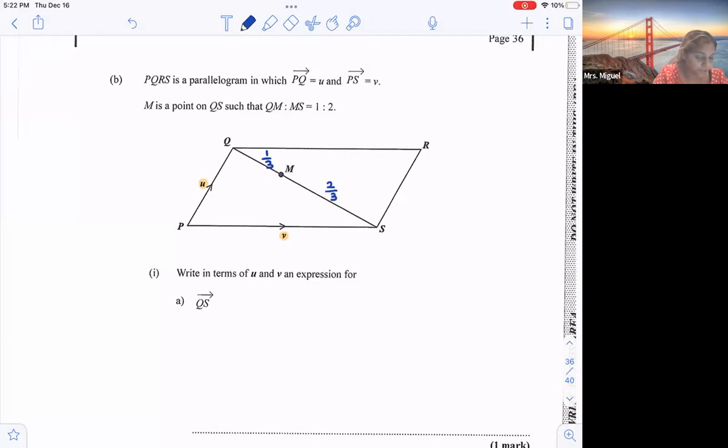We want Q to S. So write for me the two vectors which you can add to give you QS. Go ahead.